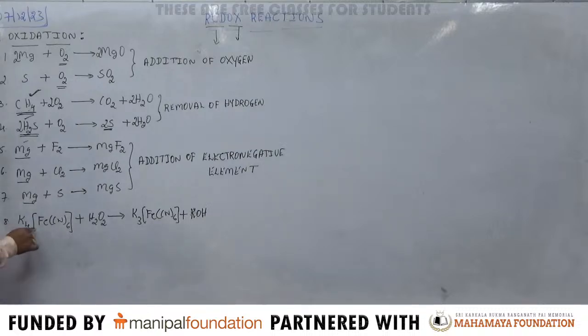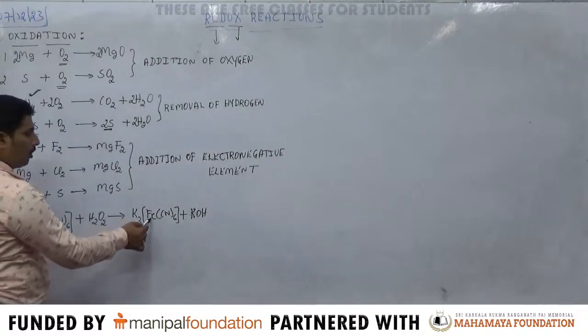The naming of this complex I will not discuss, it is easy, but for the timing it is not required, because in the second year we have a separate chapter, coordination compounds. In that you will study the IUPAC name of the complex. It is a coordination complex because there is a coordinate bond present between this ion and the cyanide.